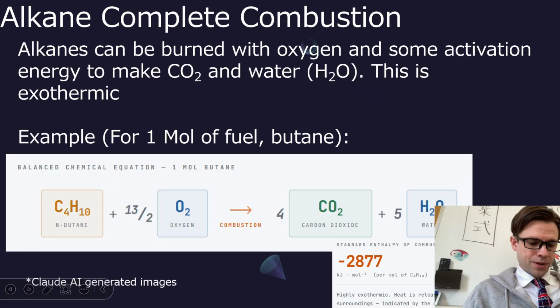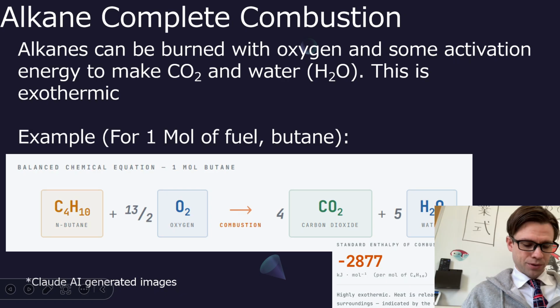All right, so alkane complete combustion. We should know this. Alkanes can be burned with oxygen and some activation energy to get it started, a spark or something. With high heat, we can then combust it to make CO2 and water, H2O. This is exothermic, always. For example, 1 mole of butane reacts with 13.5 moles of O2 to make 4 moles of carbon dioxide and 5 moles of water.